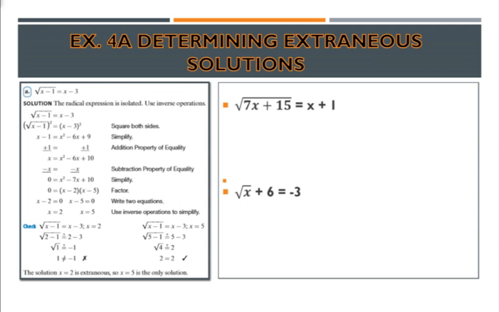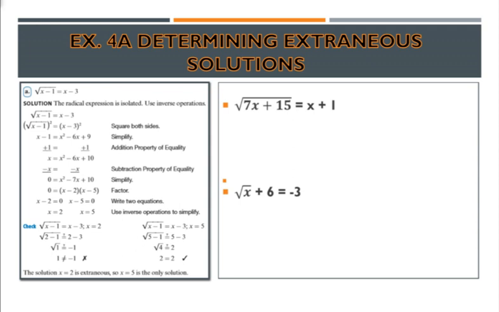Example 4, determining extraneous solutions. Remember, extraneous solutions means your answer that you could get from a derived or a simplified form of the original problem does not work in the original. So we would say that is not a solution, it's extraneous, and the other answer is the solution, or you could have no solution.